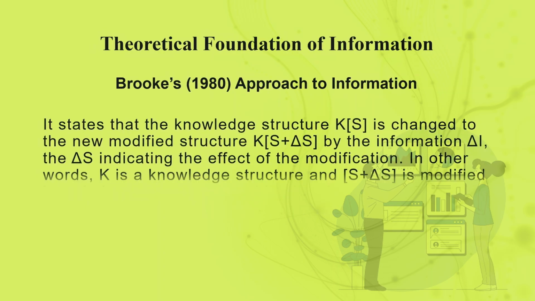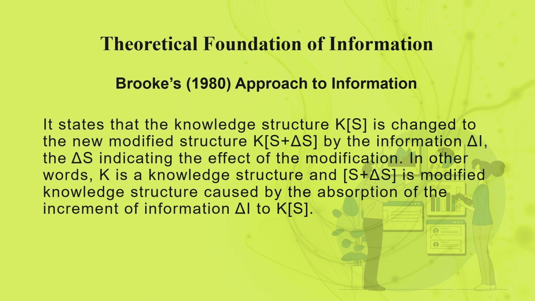It is state of knowledge K(S) plus delta I is equivalent to state of changed knowledge. That is, it states that the knowledge structure K(S) is changed to the new modified structure K(S + delta S) by the information delta I. The delta S indicating the effect of the modification.